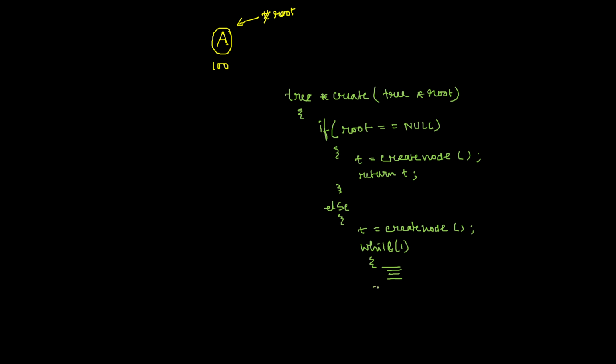Some statements under the while loop will come, what we have discussed, and then you must return this root again. So this should be the structure of the create function.